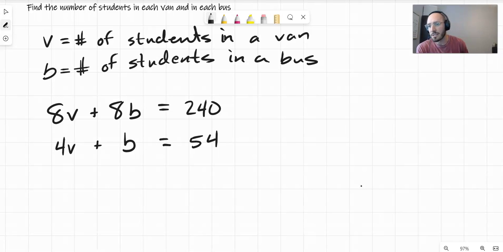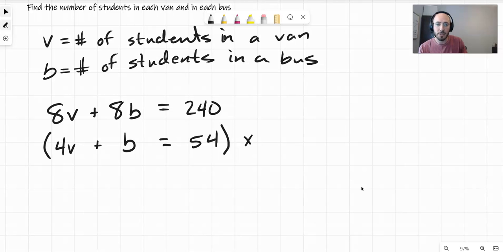So I'm going to take this second equation here, this 4V plus B equals 54, and I'm going to multiply that by a constant such that one of the variables will cancel out with the other equation. So I know that if I multiply 4V by negative 2, I will end up with negative 8V, and that will end up canceling out with this other equation's 8V.